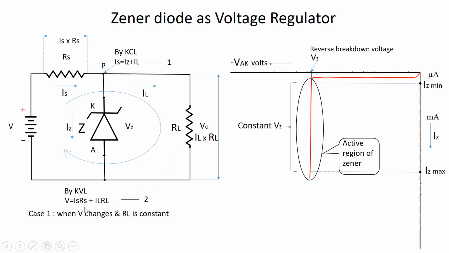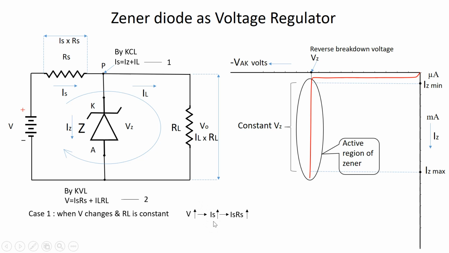What happens? With the change in this voltage V, if the voltage is raised, that will lead to the rise in the supply current also. Therefore, it leads to the rise in IS. As this IS, the supply current, is increased, the voltage drop across this RS, which is equal to IS into RS, will also be increased.